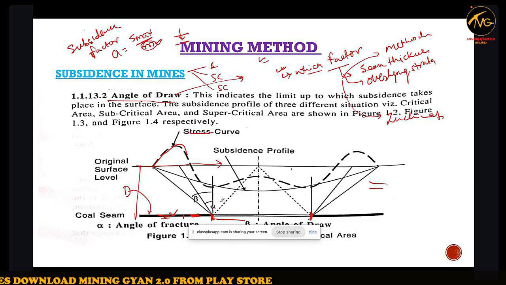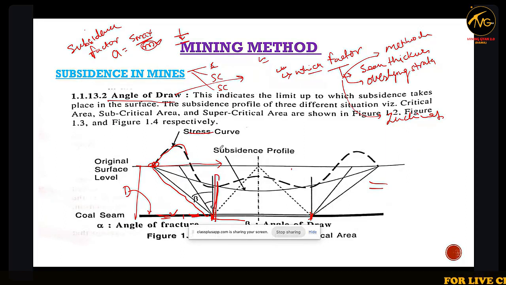So what is the angle of draw? The angle of draw is this one. This is the vertical, to the point where subsidence started.